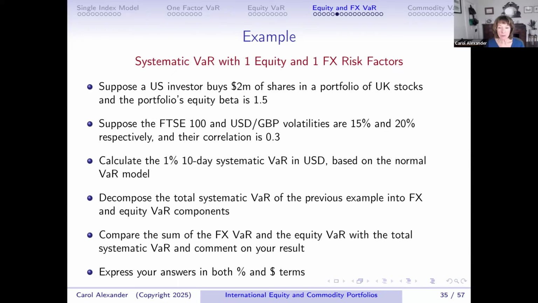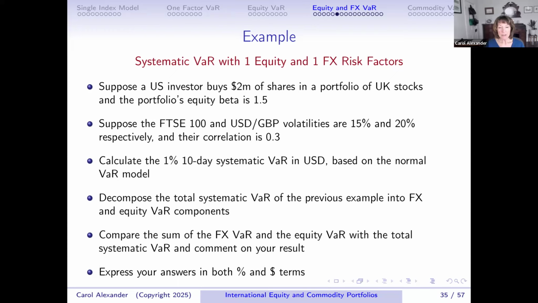And now I've got some volatilities for the equity index and the exchange rate. They are 15% and 20%, and their correlation is 0.3. And the aim now is to calculate the 1% 10-day systematic VaR using the normal VaR model.